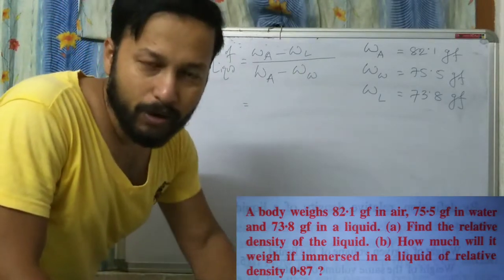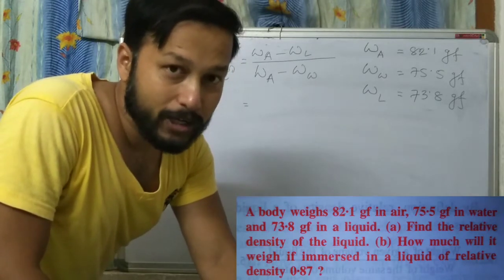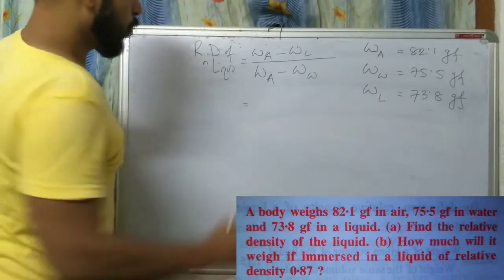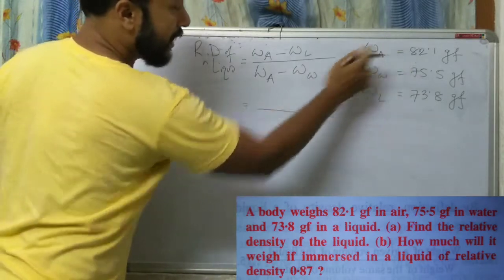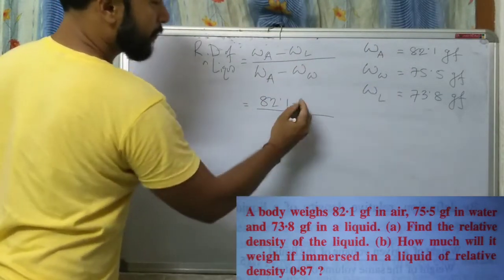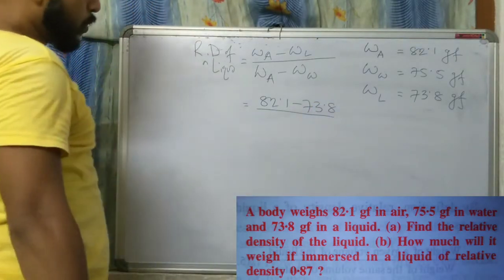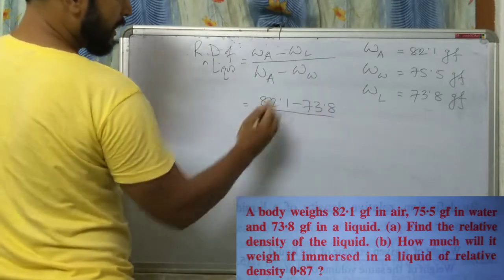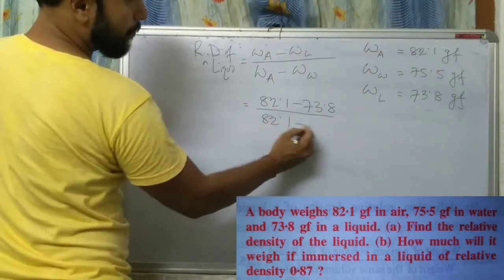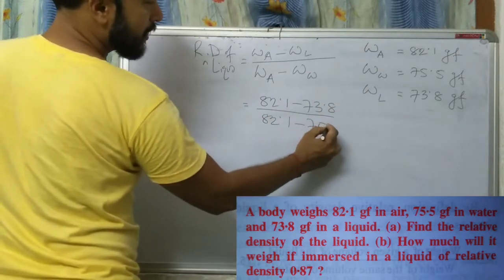This is the simple formula. Now let's put the values. Weight in air 82.1 minus weight in liquid 73.8, and weight in air 82.1 minus weight in water 75.5.